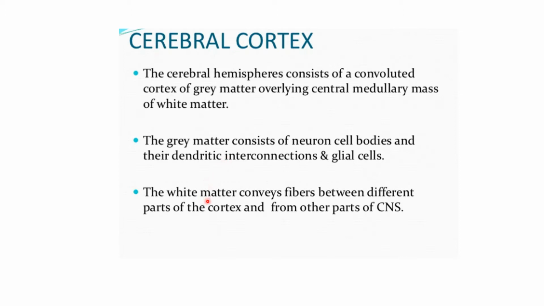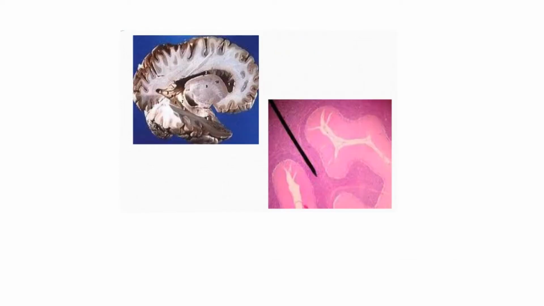The white matter conveys fibers between the different parts of the cortex and brings information from other parts, so the cortex is connected to the other parts of the brain as well. Now, what are the layers of the cortex?